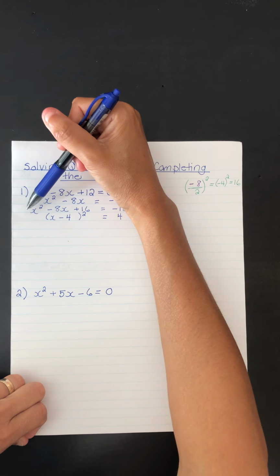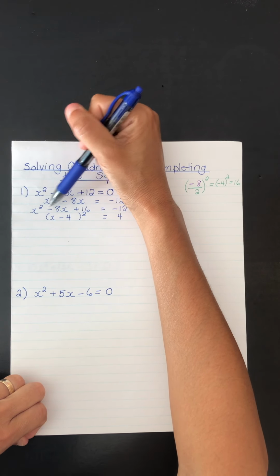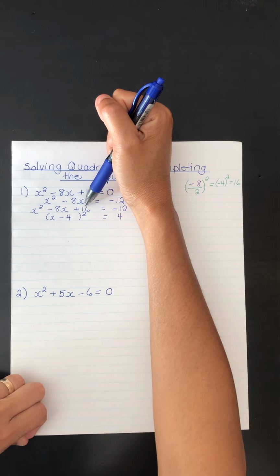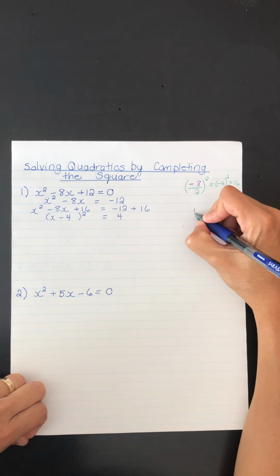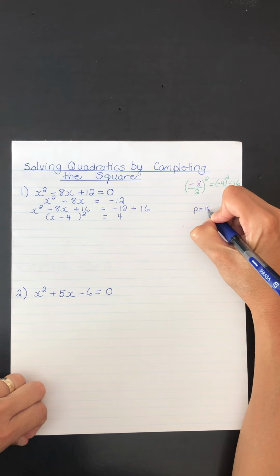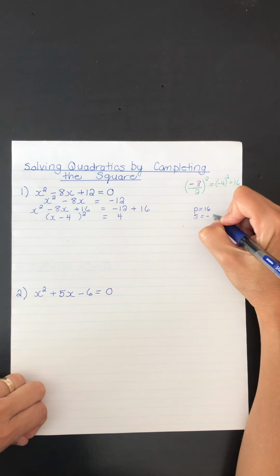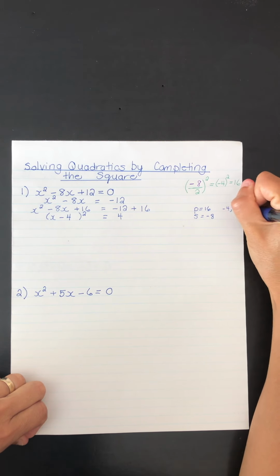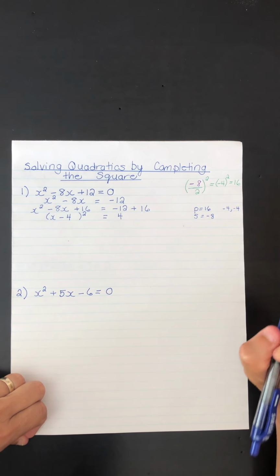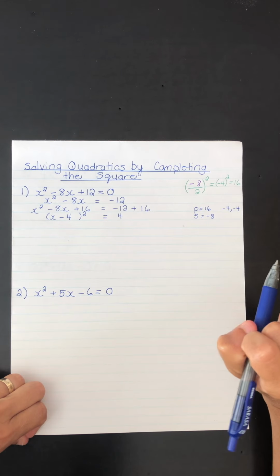You can see that that's true. If we were going to factor this trinomial here, we'd say, we want a product of 16 and a sum of negative 8. Both numbers, therefore, are negative 4. So the factors would be x minus 4 and x minus 4.